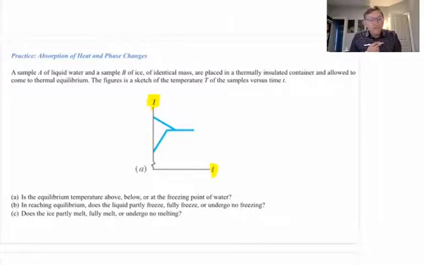First of all, you have to be able to identify what in the graph represents the water and what represents the ice. Why don't we look at time zero here? This clearly, right down here, is time zero when the graph begins. Can you tell which part of the graph represents the water and which represents the ice? Well, it's got to start right up here for the water because that's the higher temperature initially.